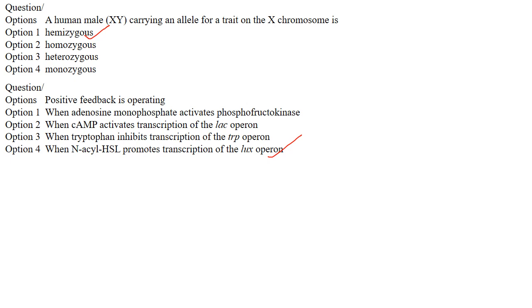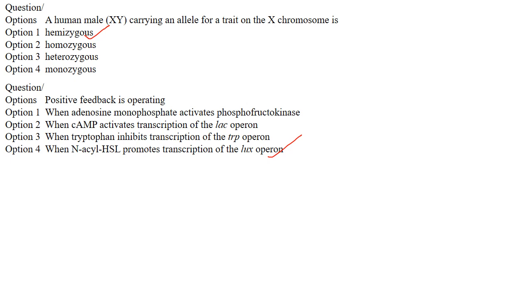Positive feedback is operating where? So positive feedback occurs to increase the change or increase the output. The result of a reaction is amplified to make it occur quickly. So coming to the first one.